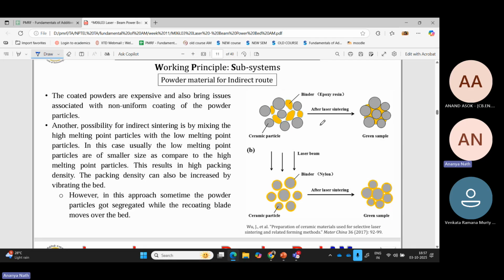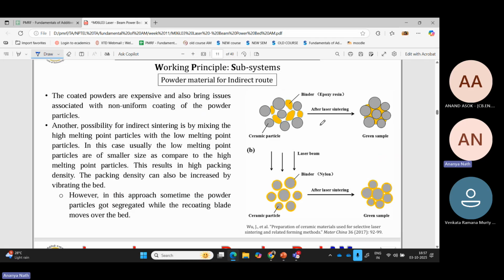Binder jetting is a different kind of additive manufacturing, but in the case of PBF also, you can use this type of binder, epoxy resin, for printing the parts. What you can do is mix the binder with the powder particles, and then operate the laser in such a way that the laser is melting the binders.